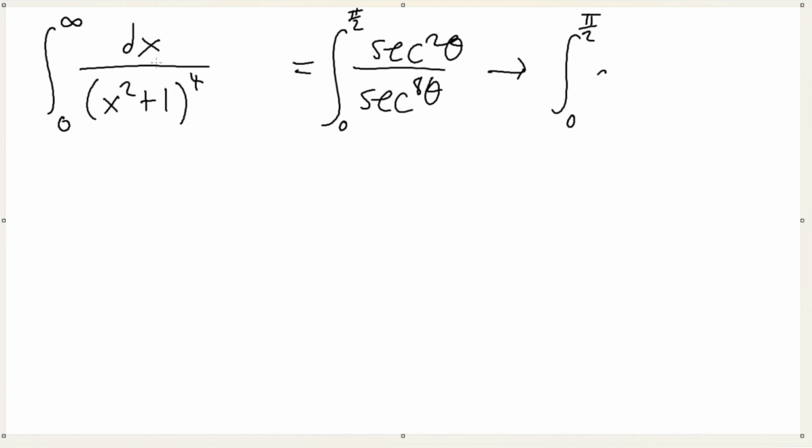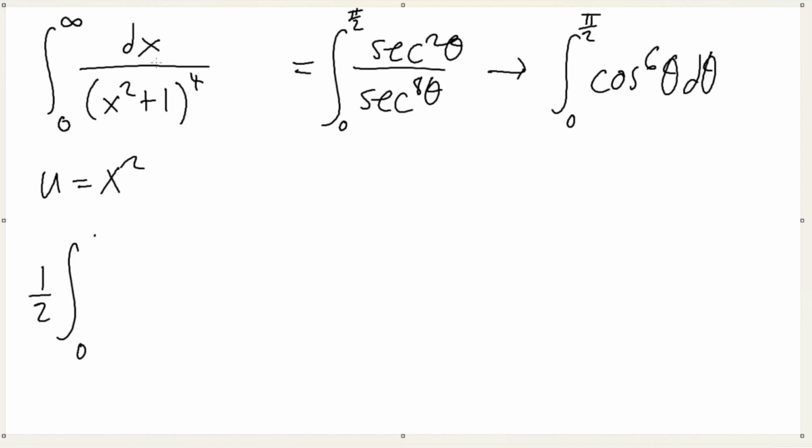And cosine of 6 theta. Honestly, this is actually a lot easier, so much easier and faster. I actually wouldn't use the beta function. You could use the beta function, let u equal x squared, and you would get an integral from 0 to infinity of u to the minus half over u plus 1 to the power 4.